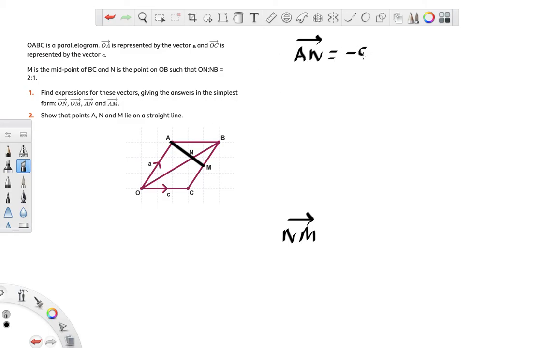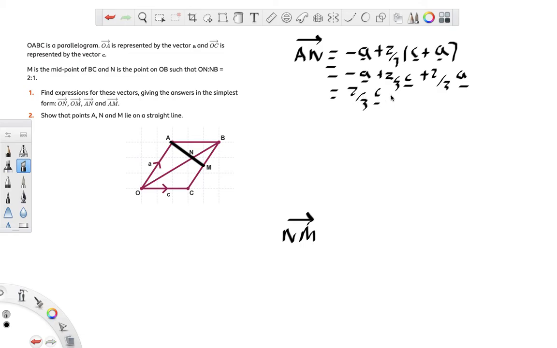So it was minus A, and then it was plus 2/3 of C plus A. So it was minus A, underline my vectors as well, plus 2/3 of C plus 2/3 of A, and then that is, of course, 2/3 C minus 1/3 of A. So that was our vector, or vectors that defined A to N.